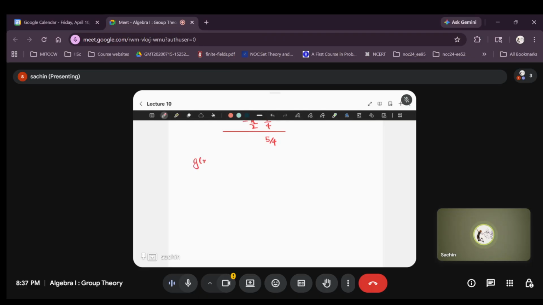Suppose you have g of x, you divide by f of x, you get f of x q of x plus r of x, where degree of r of x is less than degree of f of x. Then if you had instead divided by f of x by 2, you would have simply received the answer to be this.